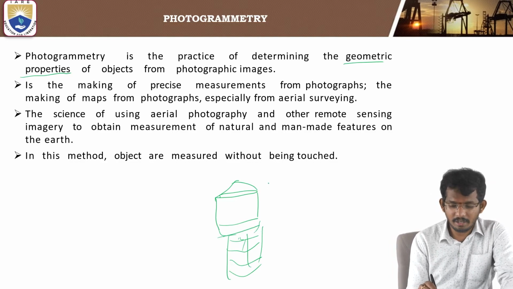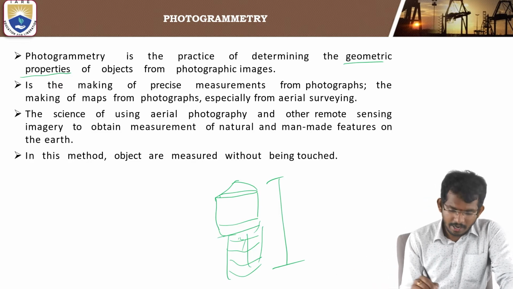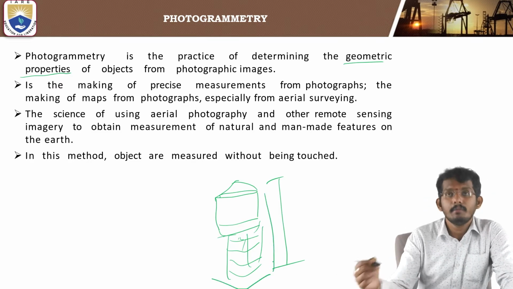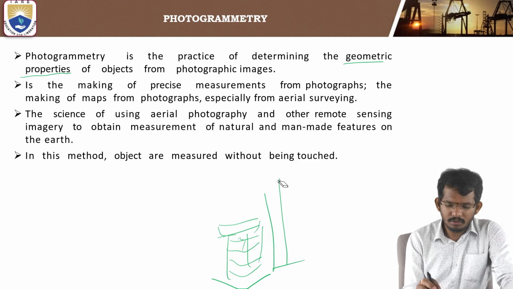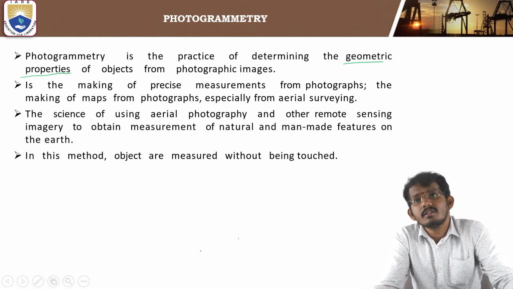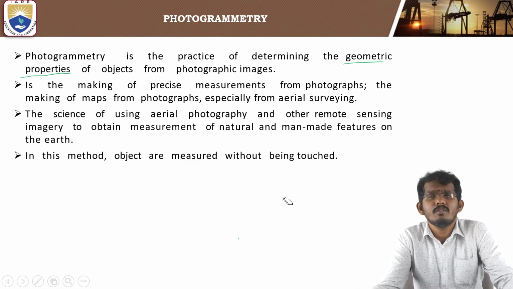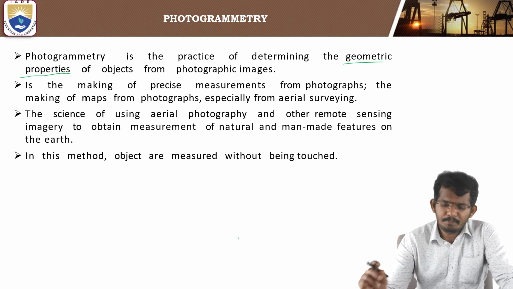I want to find the height of the water tank using photogrammetry. I can find the length, width, and height of this particular water tank. So we can measure any structure. We can measure contours, hills, points, building height, towers, lakes, the depth of a lake, whatever it can be. We can measure it using photogrammetry.